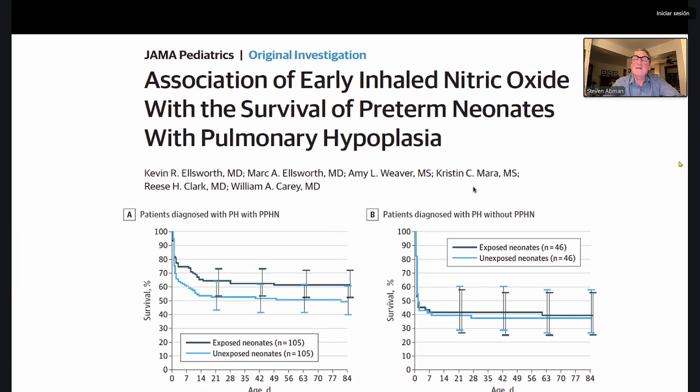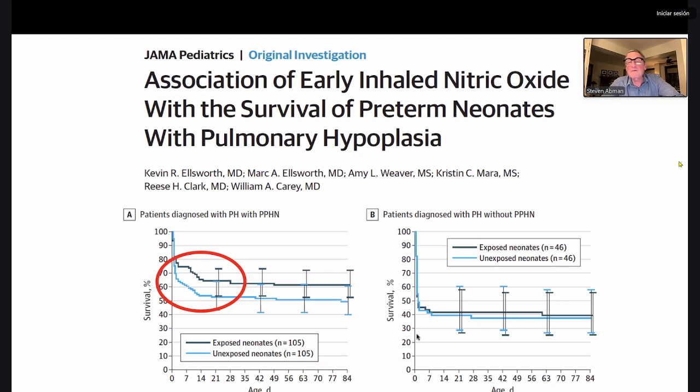But if babies who were entered into the electronic health medical database had lung hypoplasia and were diagnosed with having PPHN, the mortality was pretty striking. But those who were diagnosed with PH who received nitric oxide had a nice signal of almost a 30% improvement in survival.